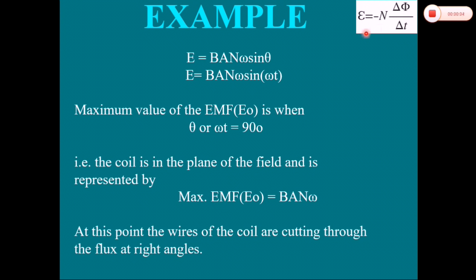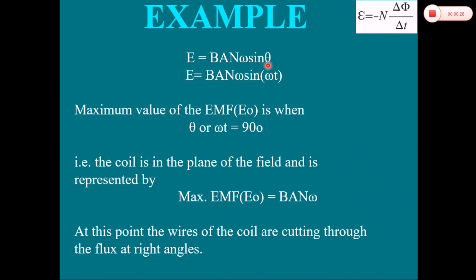We have studied that induced EMF is equal to minus the rate of change of flux. Now the basic equation from where we derived this is induced EMF equals BANW sin theta, where theta is the angle between the plane of the coil and the field lines. B is the flux density in Tesla, A is the area, N is the number of turns, W is the angular frequency.